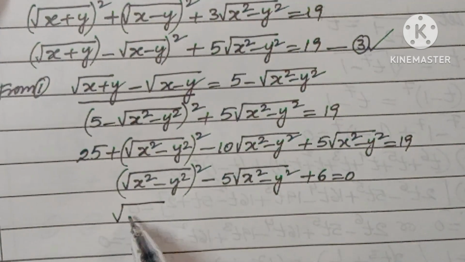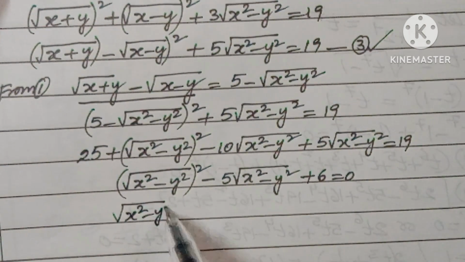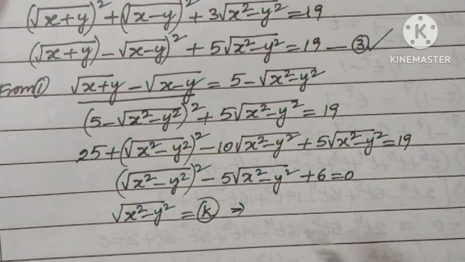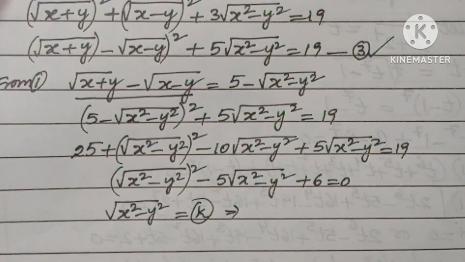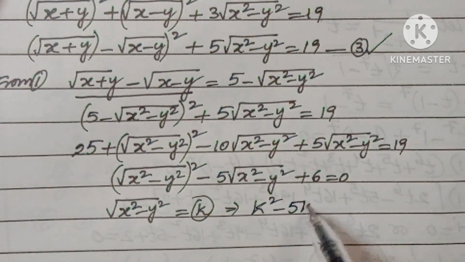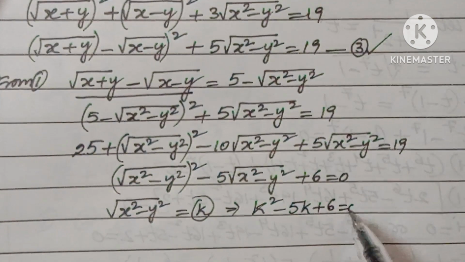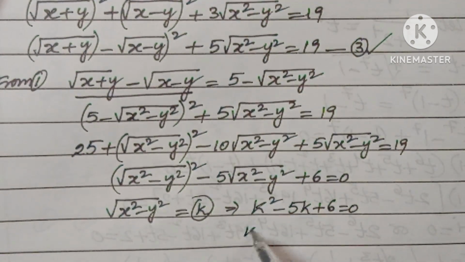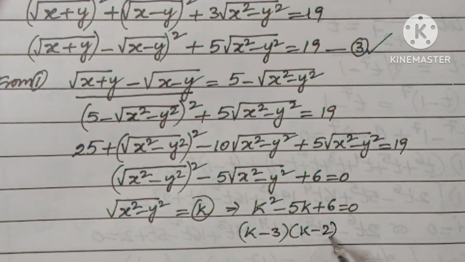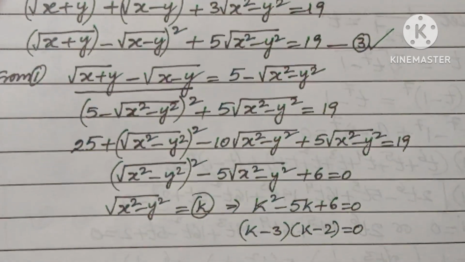So √(x²−y²) you are taking as k. That implies k² minus 5k plus 6 equal to 0. Now you'll get the factors (k − 3)(k − 2) is equal to 0.